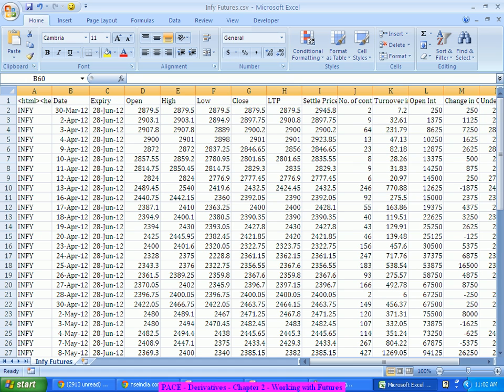Even if I don't hold any share of Infosys today, I can enter into the derivatives market. I'll sell Infosys future today at a certain price, and after a certain time I can even say for the same date I'll buy Infosys future.